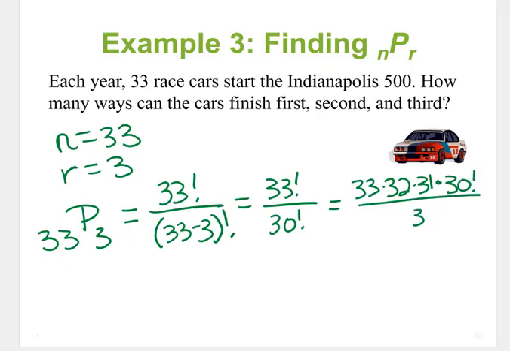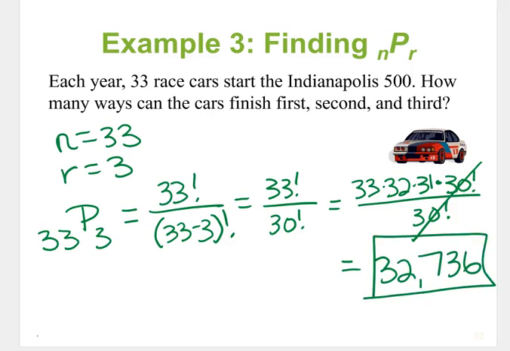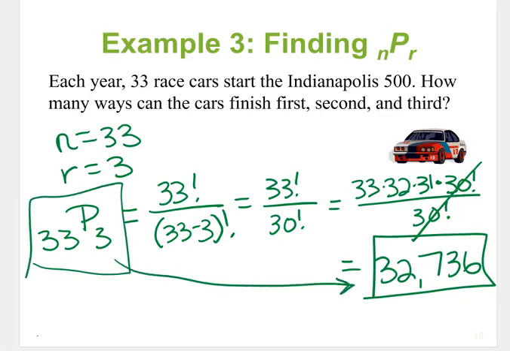I'm just going to leave it written as 30 factorial because those 30 factorials will go away. So in the end, all I have is 33 times 32 times 31, which is 32,736. And again, if you have the calculator with that permutation option, you can put that in your calculator and go right to the answer.